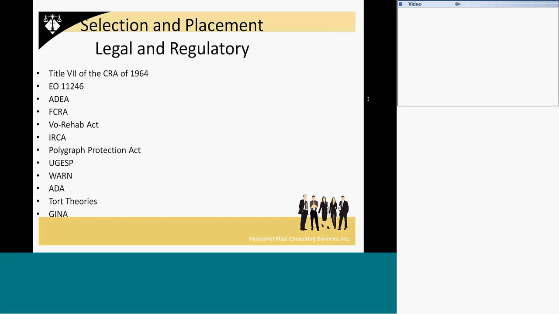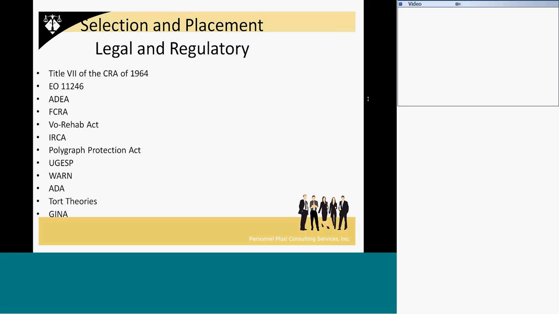It sets up standards with regard to the procedure used to do background checks, and also sets up disclosure requirements: if an employer receives adverse information about a candidate or current employee, there's a step process that requires that they notify the employee of the adverse information and provide them certain information about their legal rights under the Fair Credit Reporting Act.